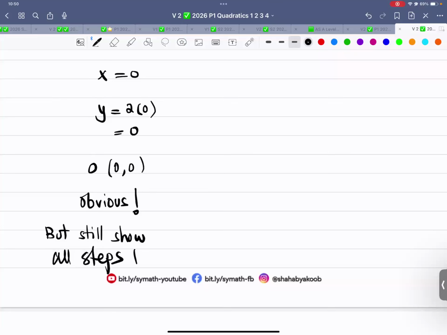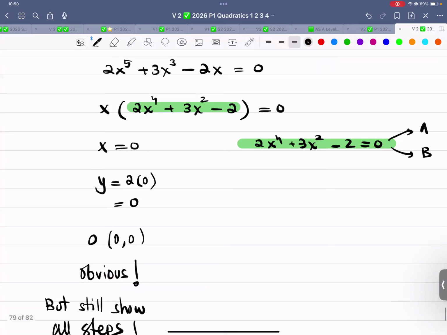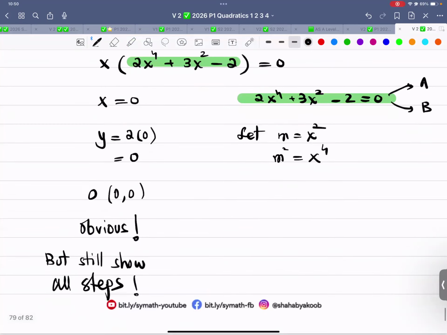Okay, that's the first thing. Now, what are you left with? You are left with this thing on the inside, 2x^4 plus 3x^2 minus 2 equals 0. That will give me the coordinates of A and B. Let m equal x^2. m^2 is x^4.